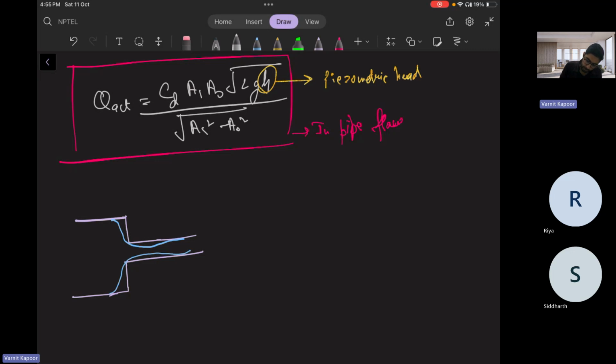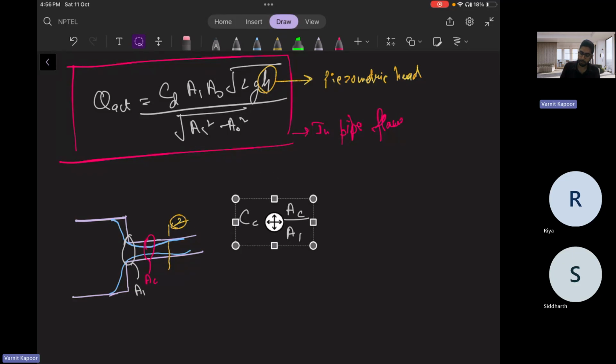So this will be your A1, that is the orifice kind of thing; I'm trying to make an analogy. AC is the vena contracta, and this will be your section 2. So here, how will you write the coefficient of contraction CC? It will be AC by A1, not A naught.